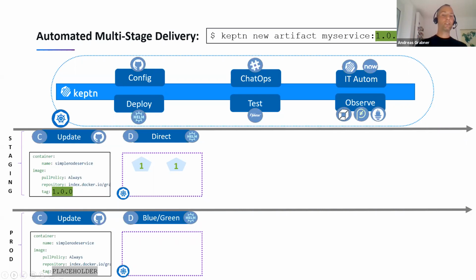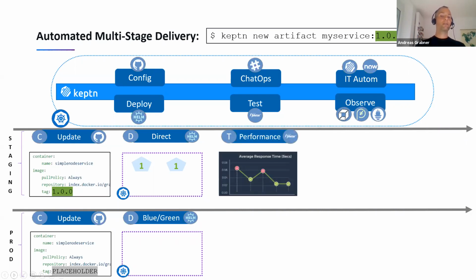The next thing is once the deployment is done, it will send a next event that targets tests. The test tool, in my case JMeter, will then say, I have a new deployment, Keptn told me about it, here's the URL, and I'm just executing the tests that the user earlier uploaded to the GitHub repo for staging. It pulls the tests and executes them.